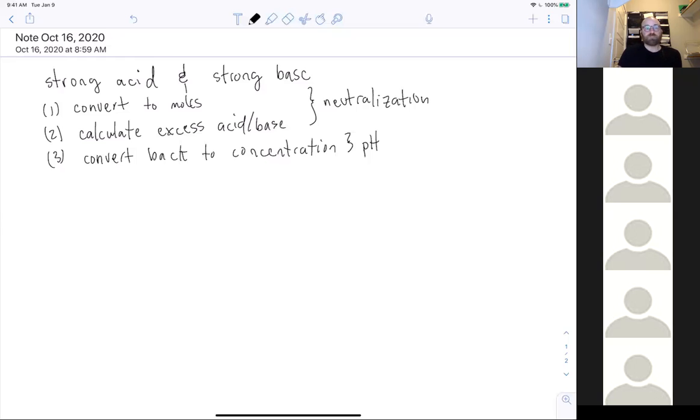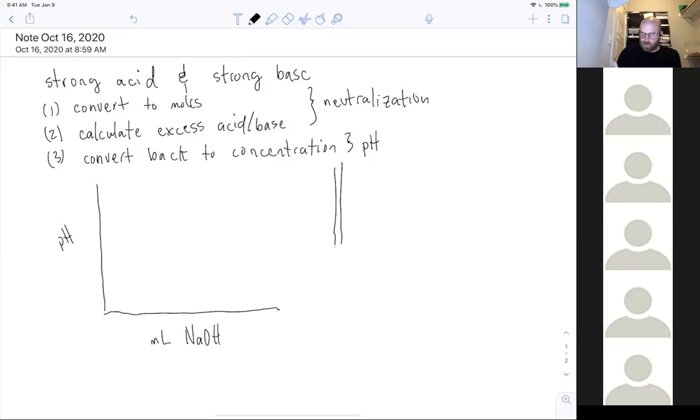Okay. So you can summarize what's going on in a titration curve using graphs, which makes things a little bit easier. If you're doing a strong acid, the experimental setup is strong base in your burette and a strong acid down here.